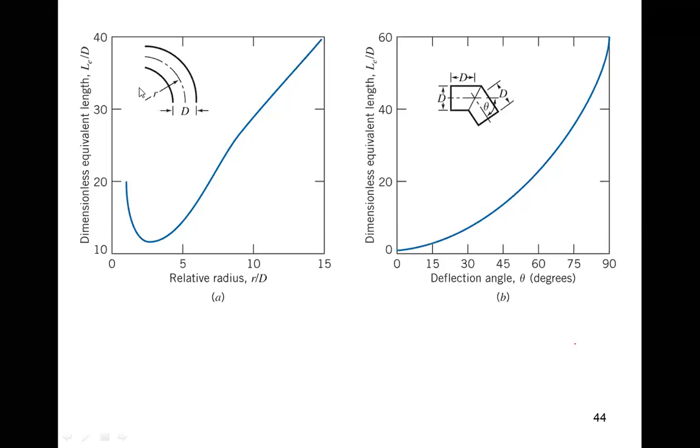Same thing in case of this. If this R is large and large, your energy loss would be minimized, because you are not changing the flow pattern. Same streamline would continue. Compared to here you have a 45 degree sharp change. So in case of sharp change, the losses would be too much high here.